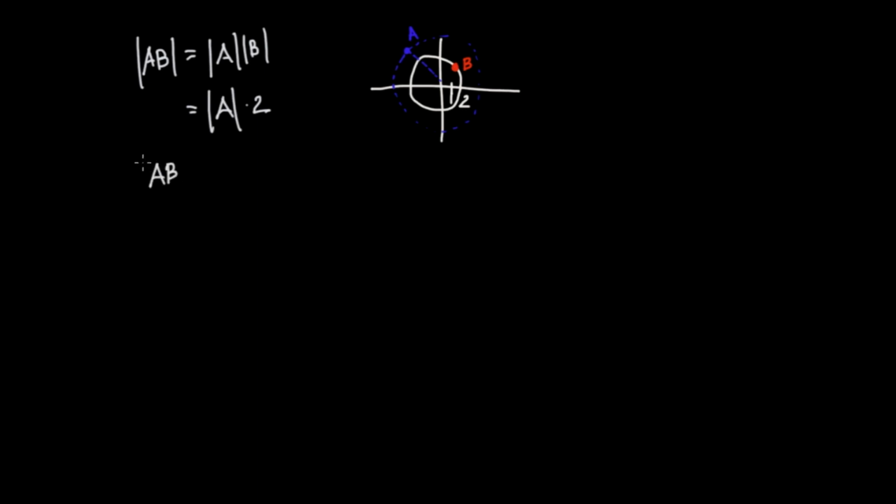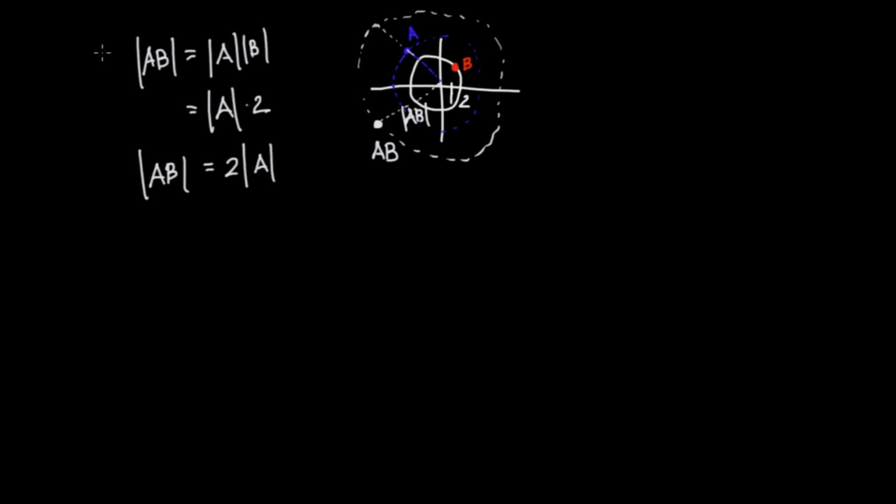So the magnitude of AB is going to be twice the magnitude of A. So what that means is that if I take this length here and draw in a circle of twice the radius, let me attempt to draw in some of that there, this larger circle here, that AB is going to be located out here on this bigger circle. It could be located right there, for example. And the magnitude of AB would be the length of that white line there.